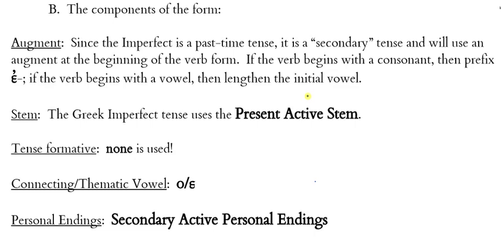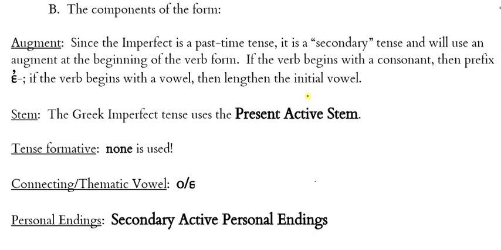Okay, and we'll talk a little bit about the other ways that the augment can show up, but we'll use that for now. That's going to come before the verb stem. If the verb begins with a vowel, then instead of adding an epsilon to the vowel at the beginning of the stem, we're going to lengthen the vowel. Okay, so that's another way to augment, and we'll look at examples of that in a moment.